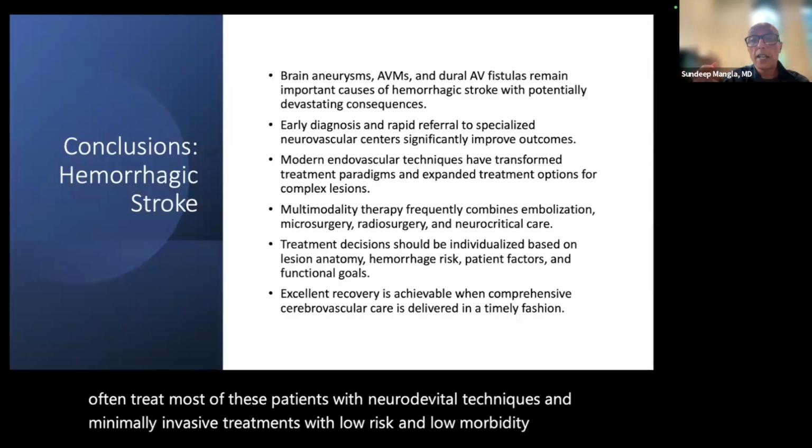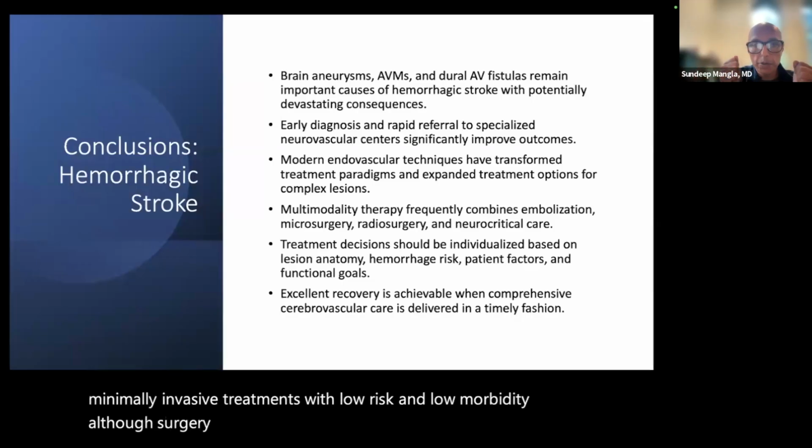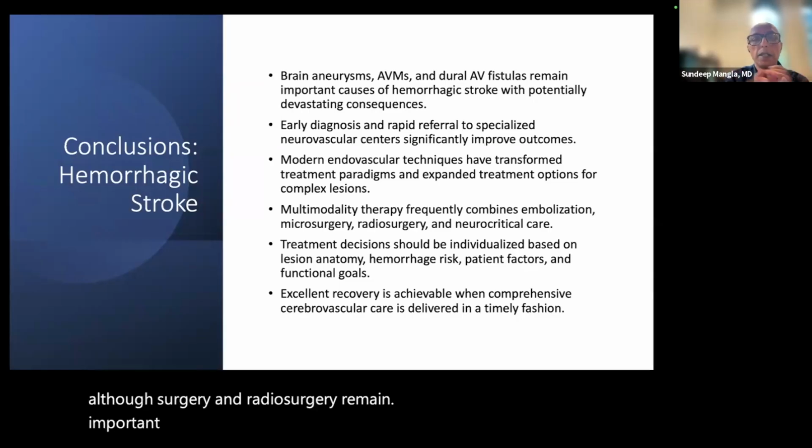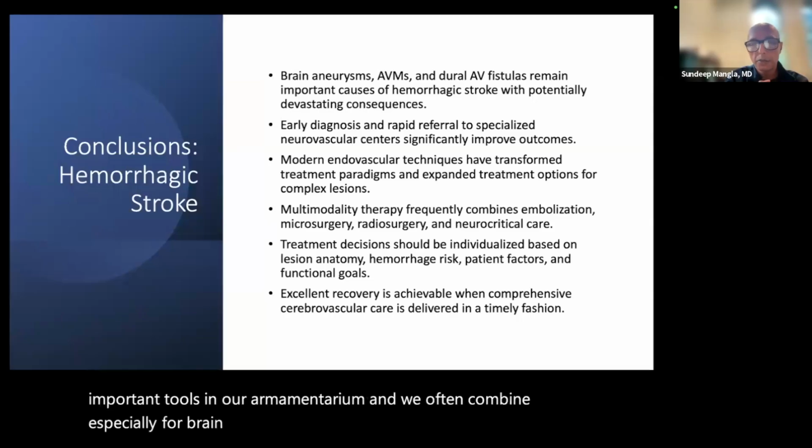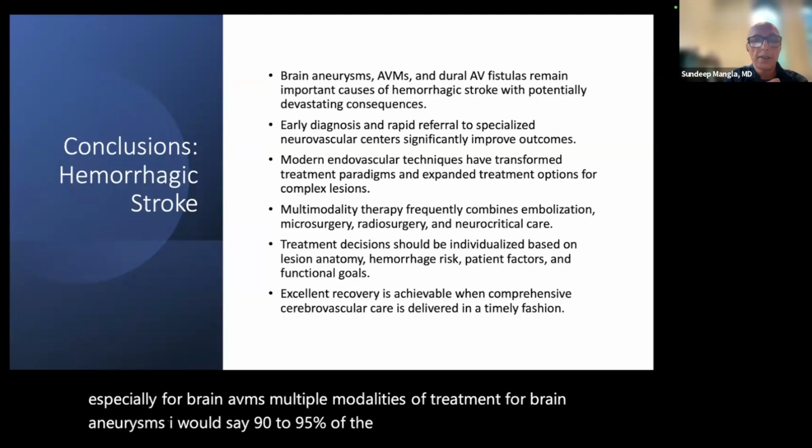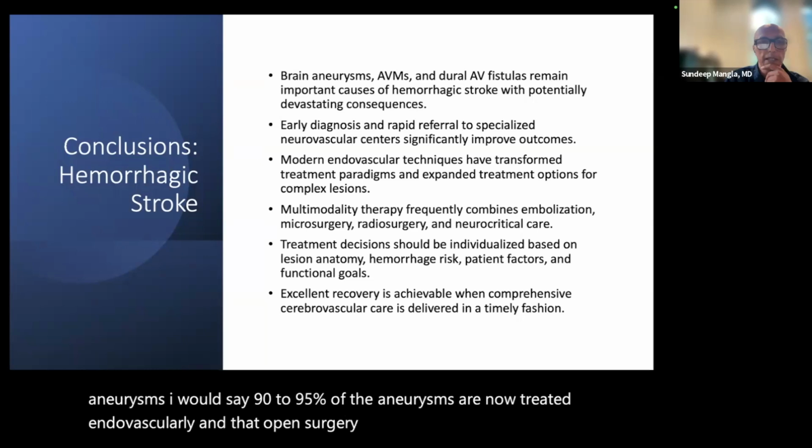Although surgery and radiosurgery remain important tools in our armamentarium, and we often combine multiple modalities of treatment, especially for brain AVMs. For brain aneurysms, I would say 90 to 95% of the aneurysms are now treated endovascularly, and that open surgery is rarely required.